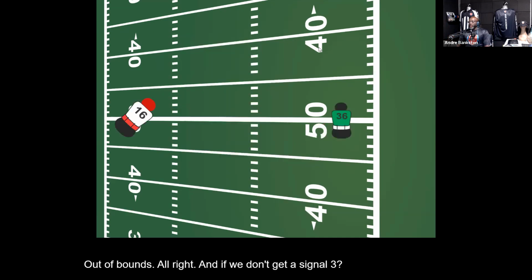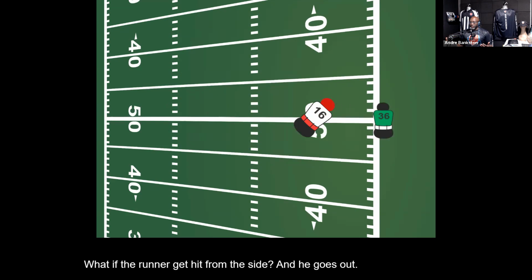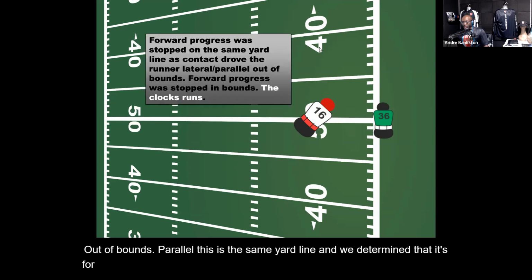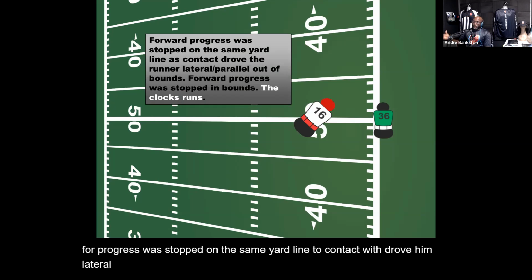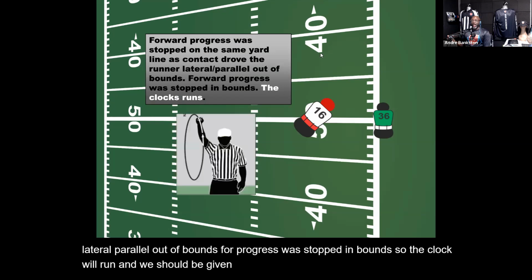Now, what if the runner gets hit from the side and he goes out of bounds parallel? Well, this is the same yard line, and we determined that his forward progress was stopped on the same yard line. The contact drove him laterally, parallel, out of bounds. Forward progress was stopped in bounds, so the clock will run, and we should give the signal to wind the clock.